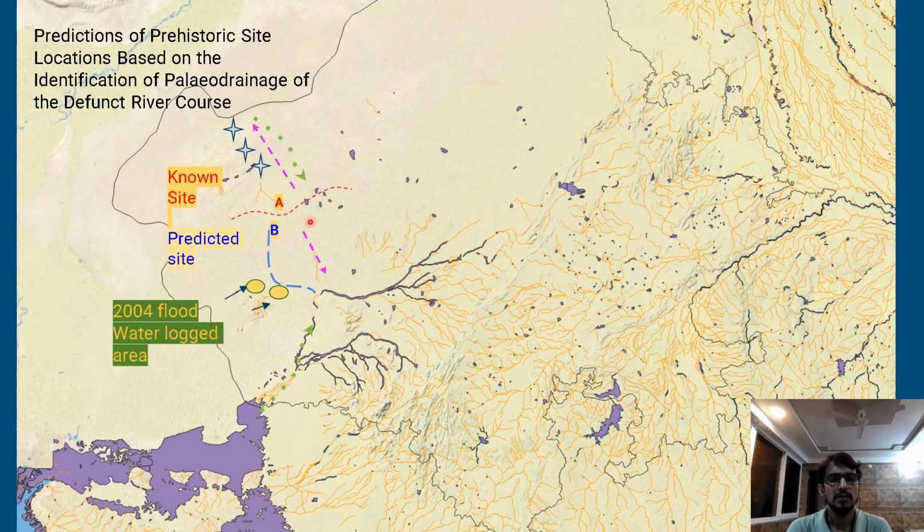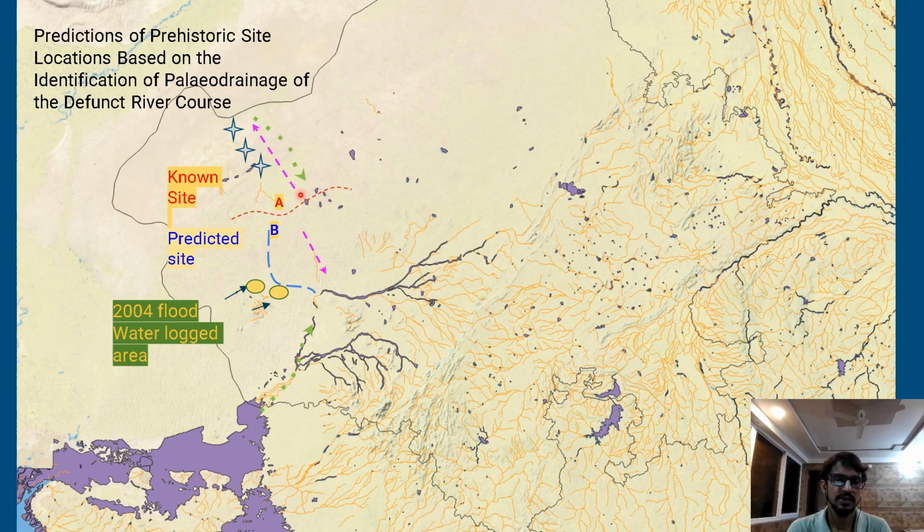Okay. So first, after years of long surveys and multiple visits in the field, sometime in 2018 we were able to identify this site, Nairan, at location A. And the question was how the site is there in isolation.